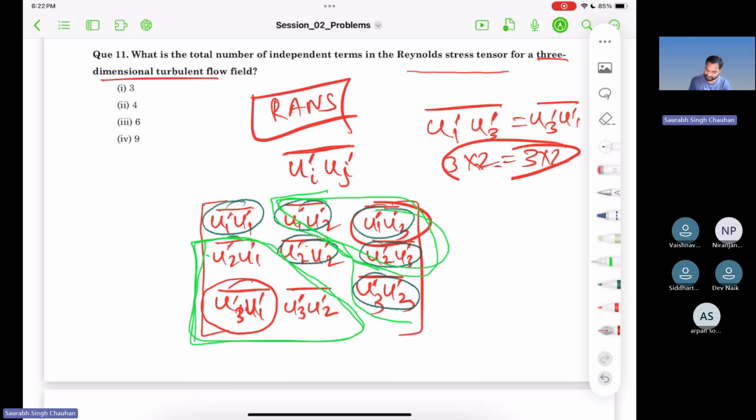So how many independent are there? 1, 2, 3, 4, 5, 6. So these 6 terms are independent.